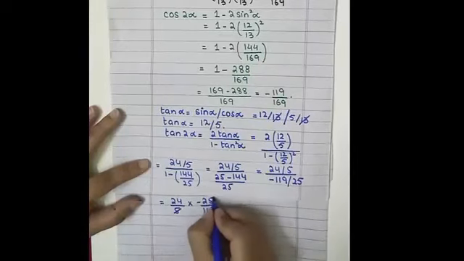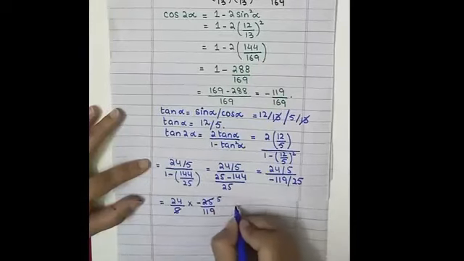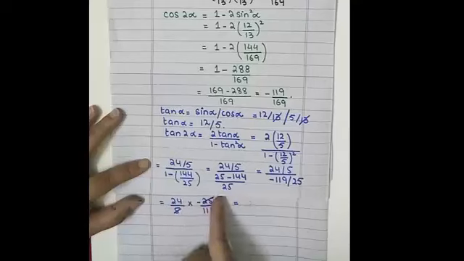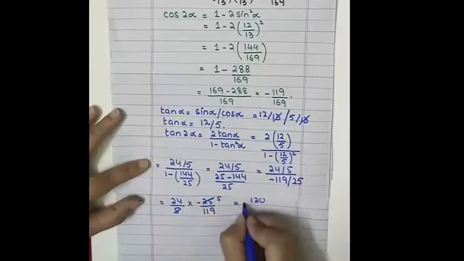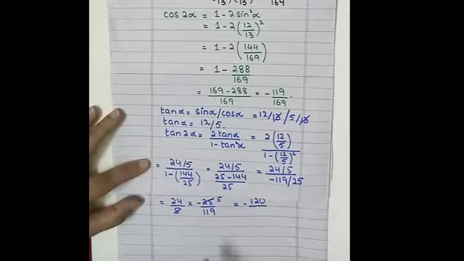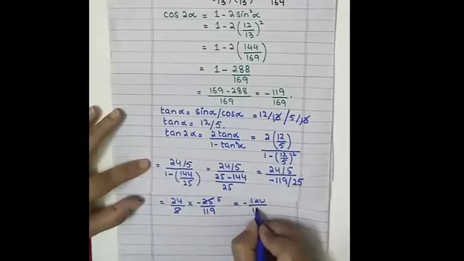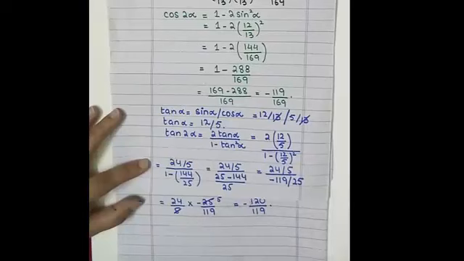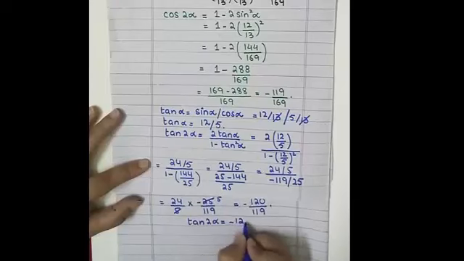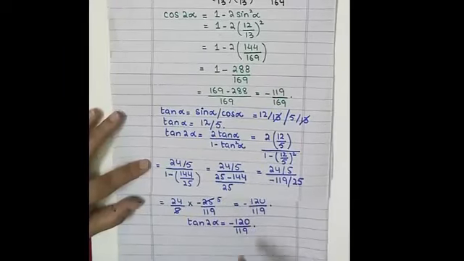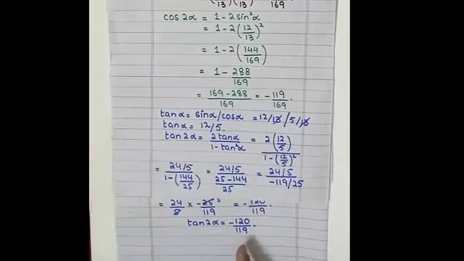So 5 times 5 is 25, 24 times 5 is 120, the minus sign will be written as it is, and we have 119 written as it is. So this is the value for tan 2 alpha. Minus 120 over 119.